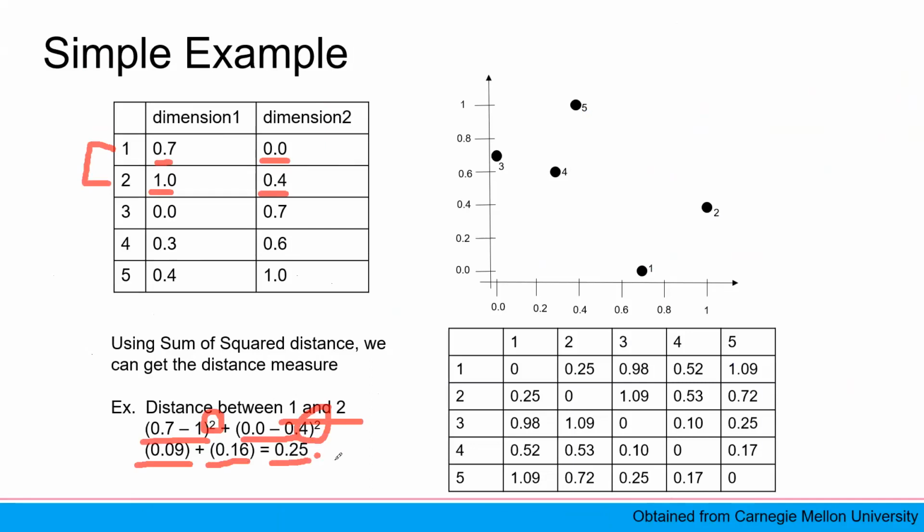So this is the distance between 1 and 2: 0.25. This is the same in the other direction, because we assume the distance from 1 to 2 is the same as the distance from 2 to 1.